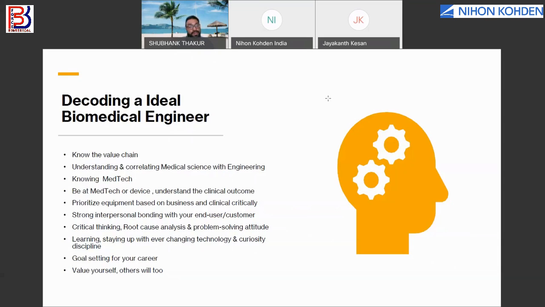It could be critical areas, your OT areas, your imaging departments, your radiation therapy departments. These are departments that are very important, both for the clinical functionality of the organization as well as its business needs. If you are able to bridge the two and create a marriage between them, you are doing excellent work for the organization you belong in.